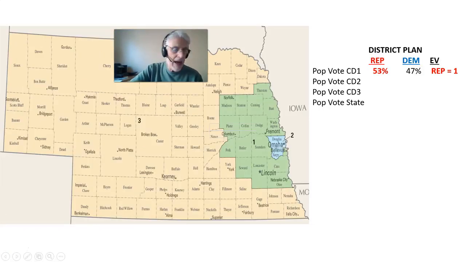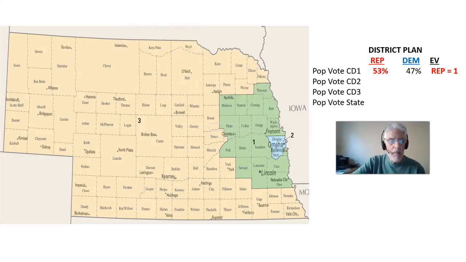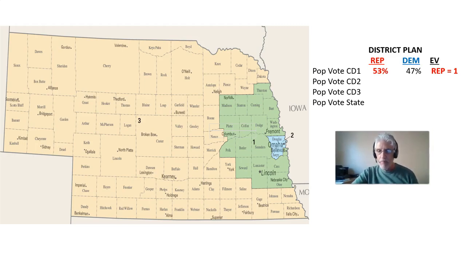Well, imagine that in this election, a presidential election, the Republican candidate gets 53% of the vote, and the Democratic candidate gets 47% of the vote. So the Republican candidate won, and so the Republican candidate wins 1 electoral vote.